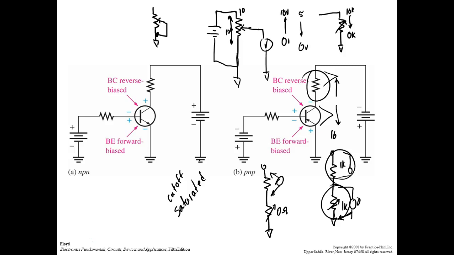So the three regions we can operate this thing in are cutoff, saturation, or the active region. And if we want to use it as a switch, which is what we're going to cover first, we're going to switch it between saturation and cutoff. So we'll put enough base current in it to cause its resistance to go to minimum. It's not going to go to zero because it's not a perfect switch, right?